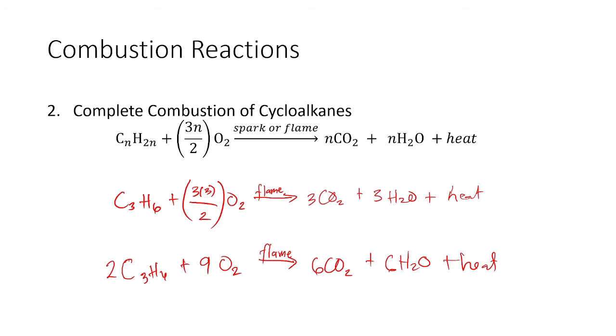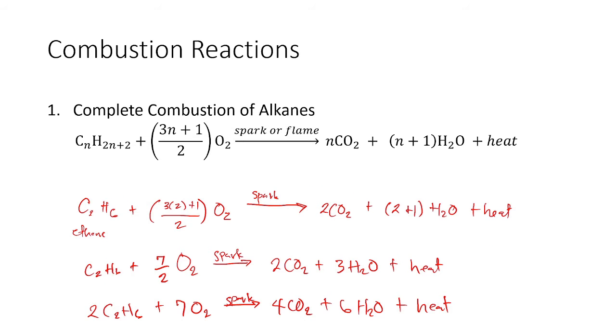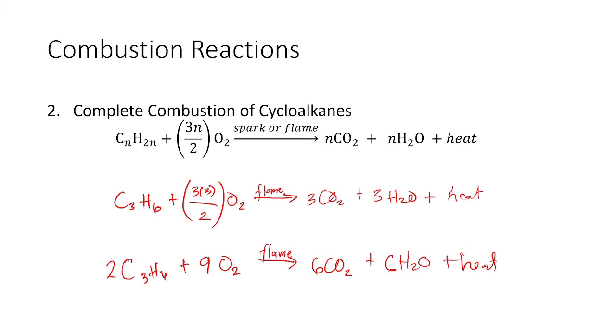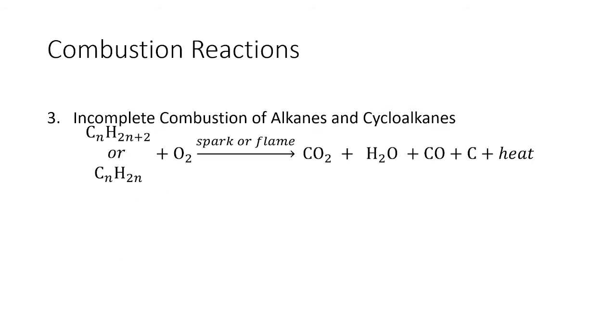Anyway, in this, we also have what we call the incomplete combustion. So what does incomplete combustion rely on? If you noticed earlier, from our first example, the alkanes and also the cycloalkanes, we quantified the number of moles of oxygen required for the reaction to proceed, to completely combust our alkane.